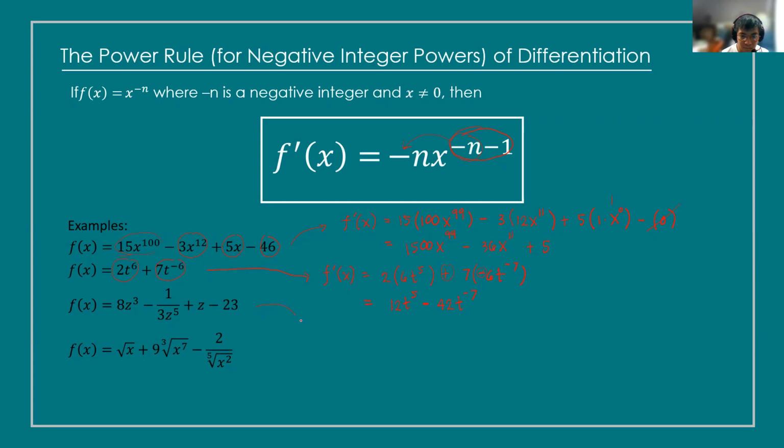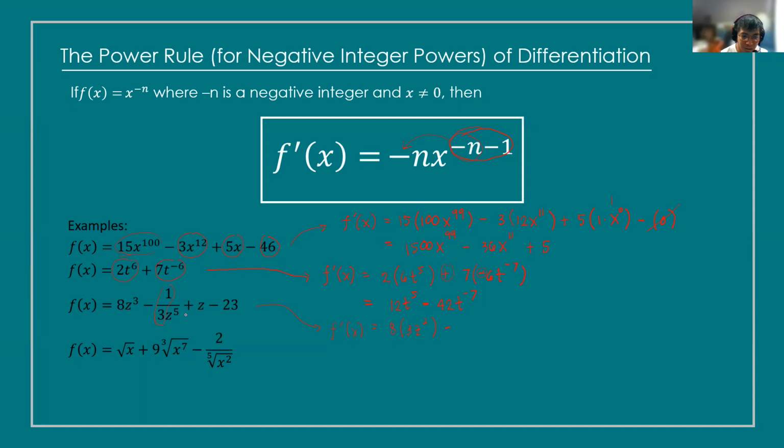Okay, so let's go to this item here. 8 times 3z squared. So let me go a bit quickly here. This one, again, is 1/3 over z to the power of 5.